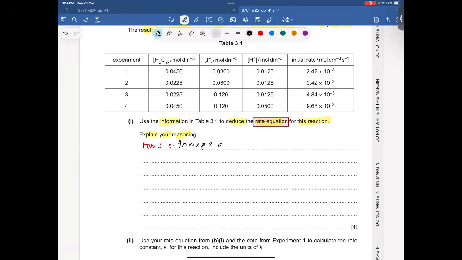So in experiments 2 and 3, concentration is doubled, so initial rate is also doubled. Hence, first order. Now the next is for hydrogen ion.